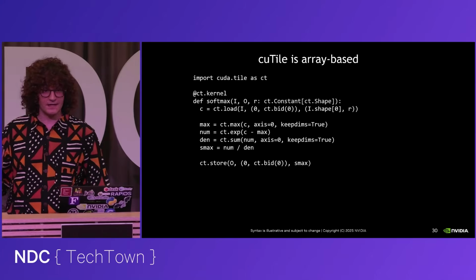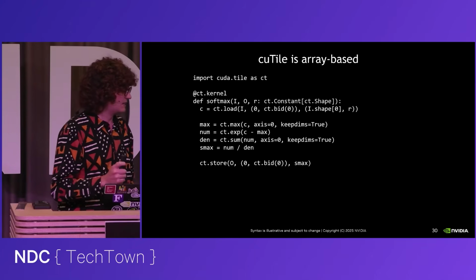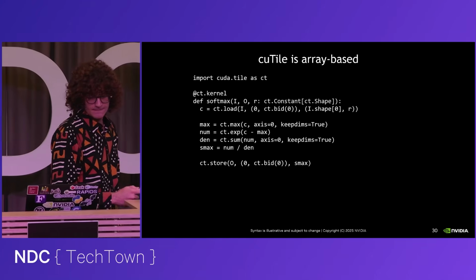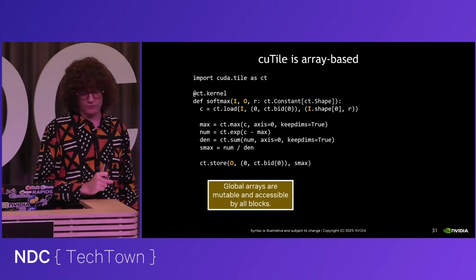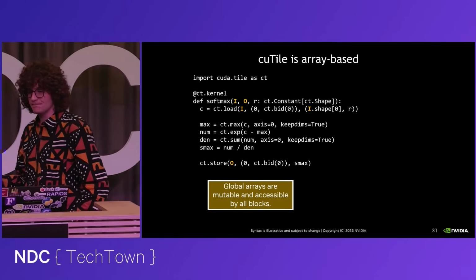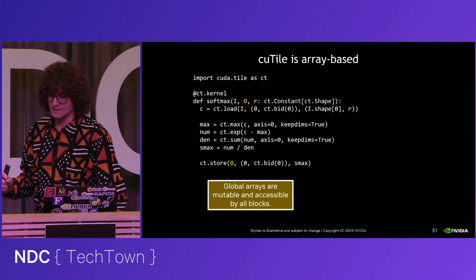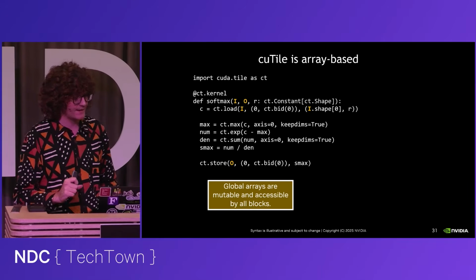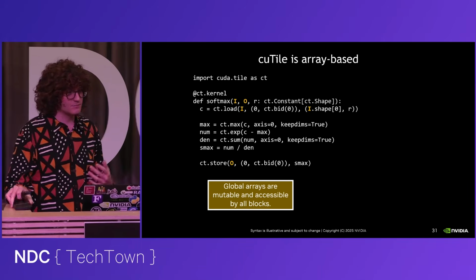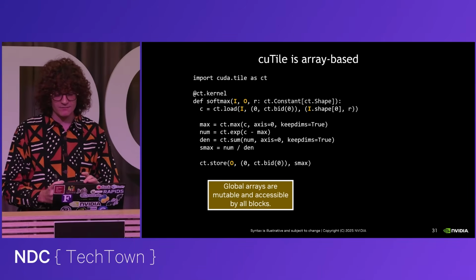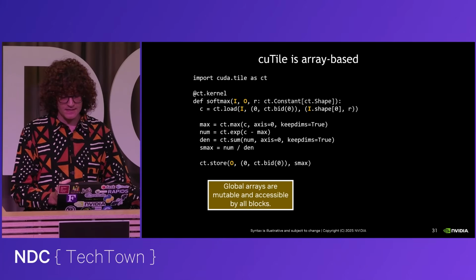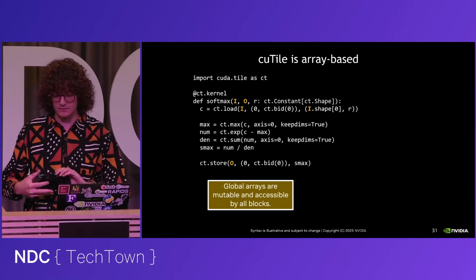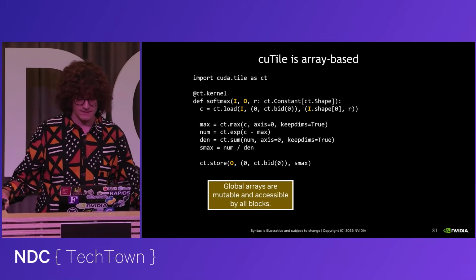There are two different kinds of arrays in cuTile. Global arrays are typical NumPy-like mutable arrays that are accessible by all tile blocks. So they're mutable, which means that if you modify their contents, any other references to the underlying data will see the changes.